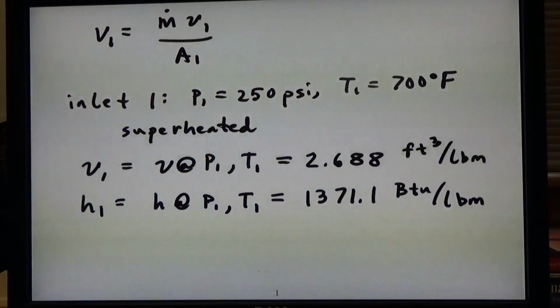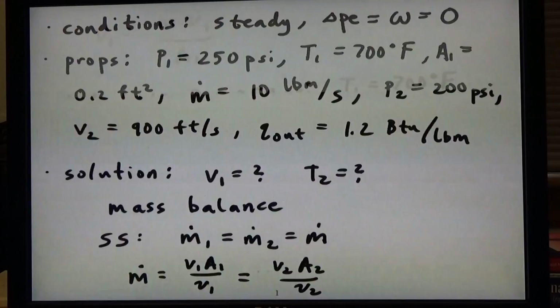Alright, so now we have enough information to solve for the velocity at the inlet. Let's go ahead and do that. Since we're doing English units in this problem, let's go ahead and work through all the units. Make sure there's no weird things going on with the units. So first thing we had was the mass flow rate.